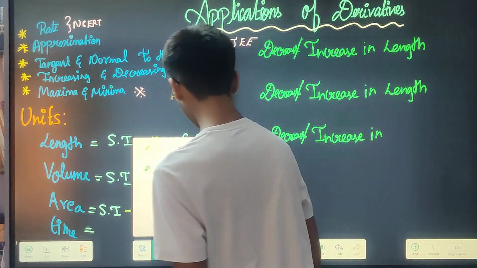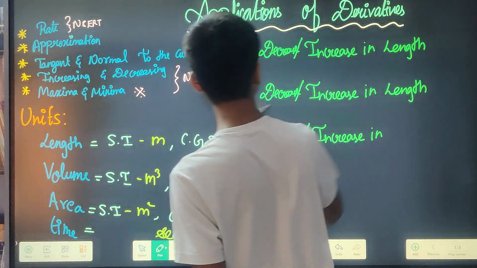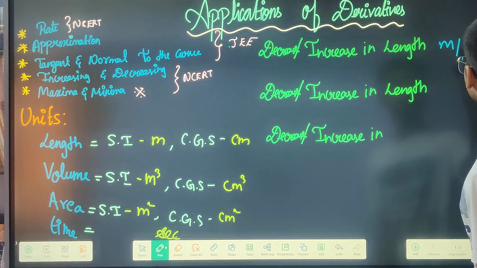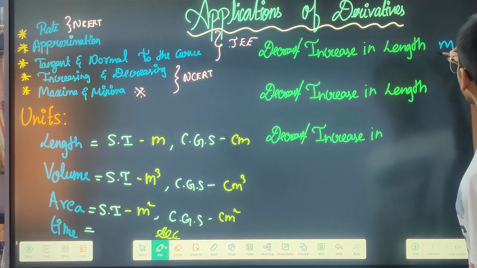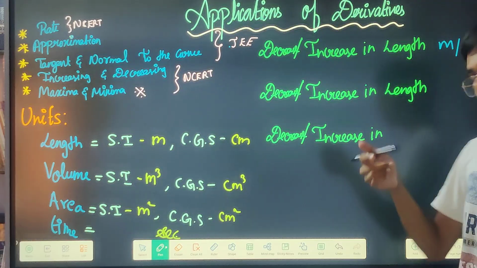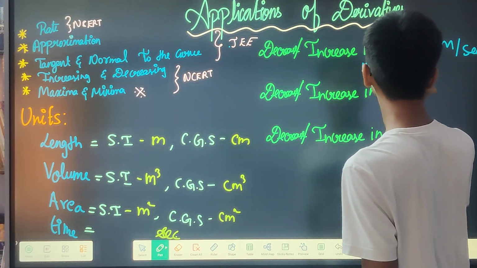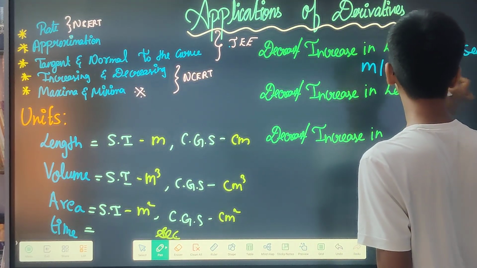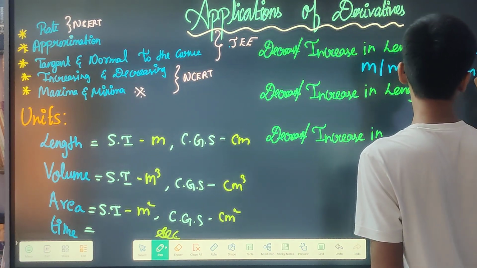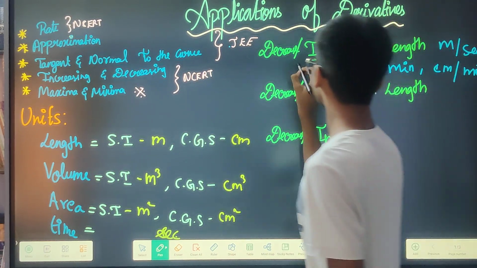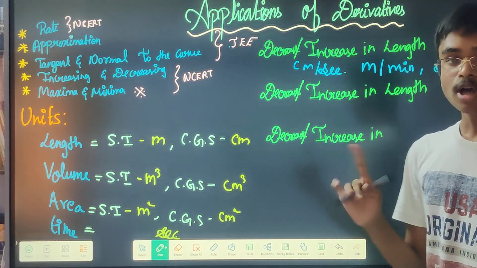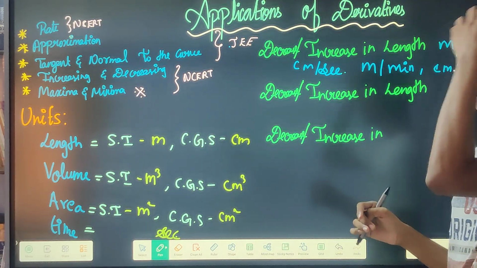Whenever there is an increase or decrease in length, your SI unit is going to be meter per second. Well, it depends on the question. If the question says meter per minute, it can also be meter per minute, or centimeter per minute, or centimeter per second. So these are your possible units.